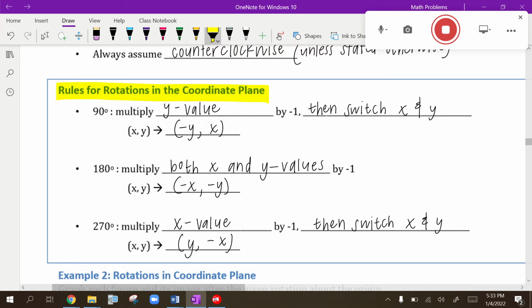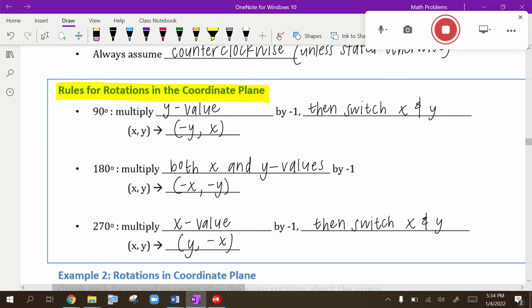So for the 90-degree rotation, remember this is for counterclockwise, you can multiply the y value by -1, then switch the x and y value. So if you have the point x comma y, you'll multiply the y value by -1 first, so it will become -y. Then you switch x and y, so it's -y comma x.